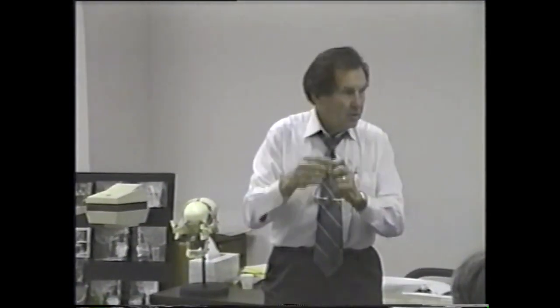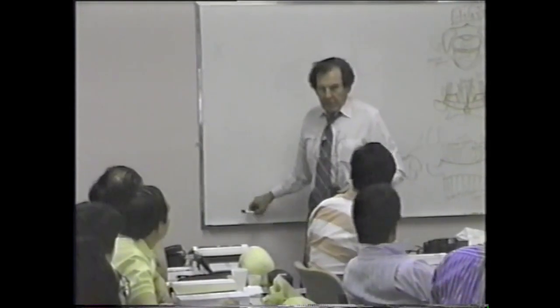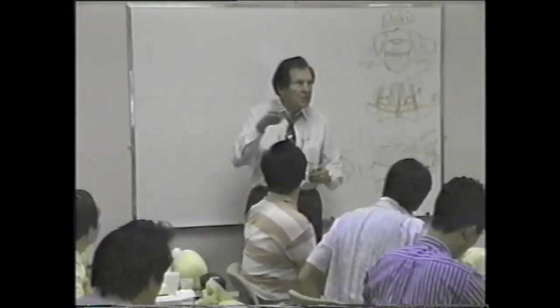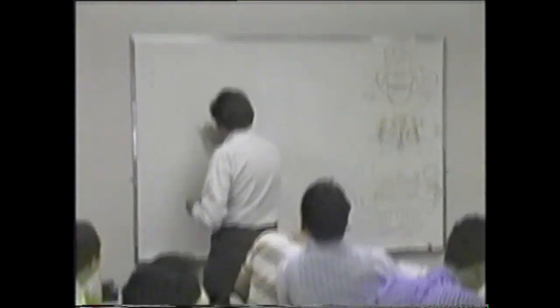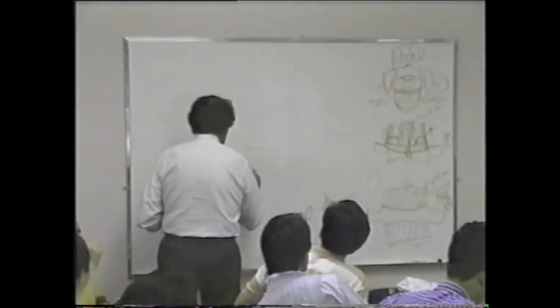Okay, this has a posterior arch and an anterior arch. It's a keystone. You know when you make an arch, the keystone. You know what the keystone is in an arch? In Europe, look at some of the old bridges. Here's the ground, and here's the water, and they want to make a bridge over it.